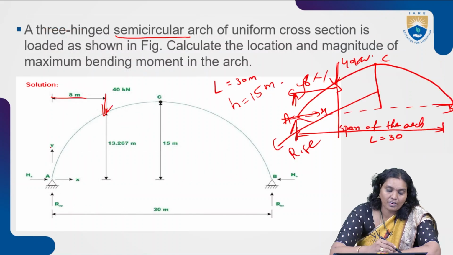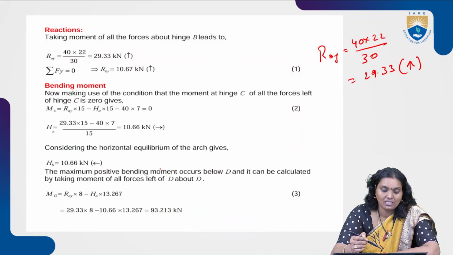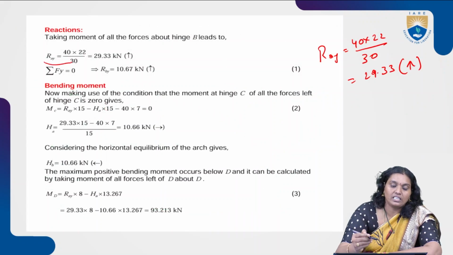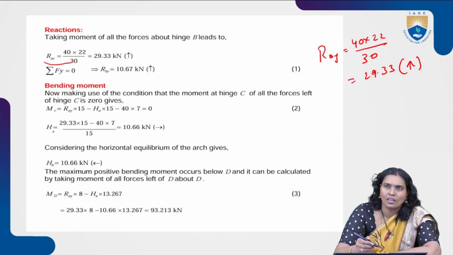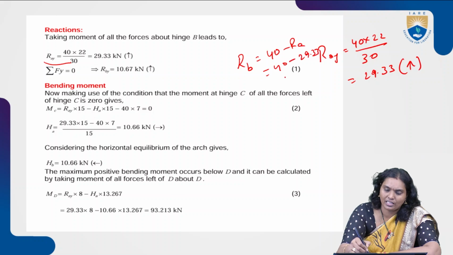So from here to here, like that we consider this reaction with respect to Y. And now the reaction at point B, we are going to calculate. So total reactions minus RA, that is equal to 40 minus 29.33, which is nothing but 10.67.